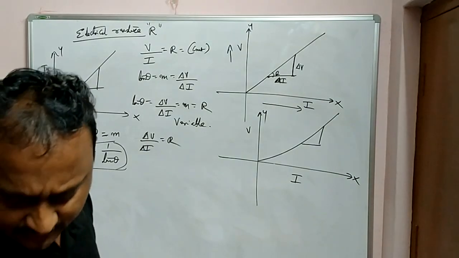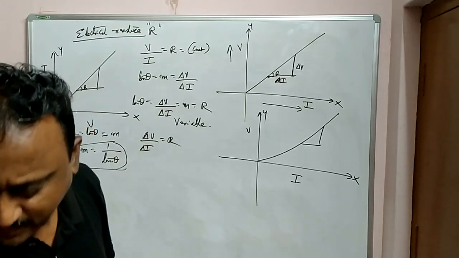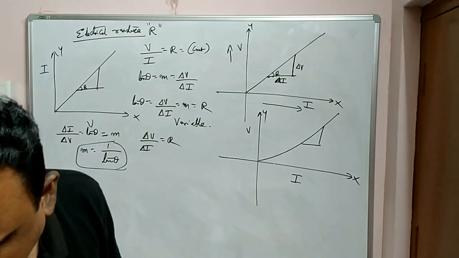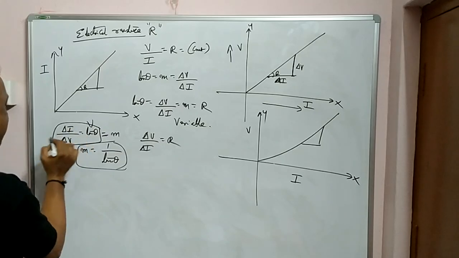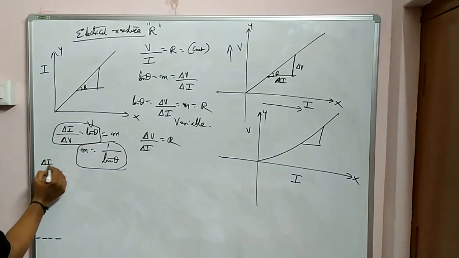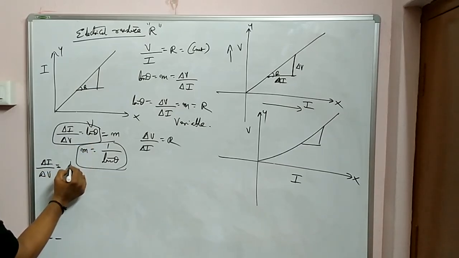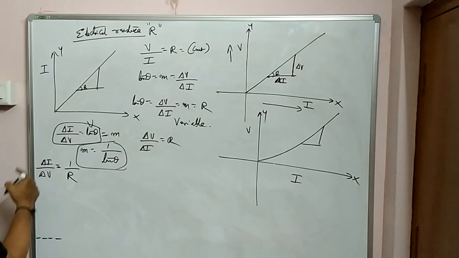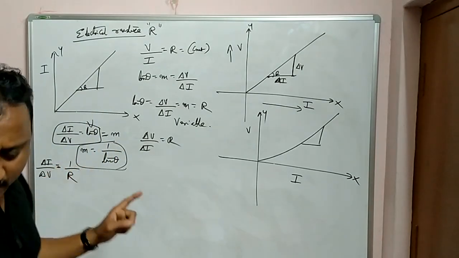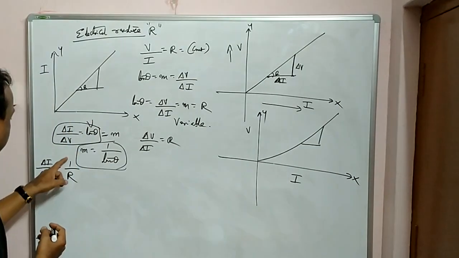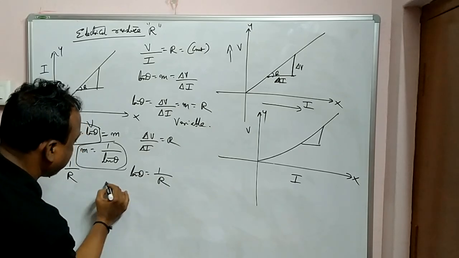So here R, whatever you are saying as R, is nothing but 1 by tan theta. Clear? Do you understand? Here what has the slope become? Delta I by delta V, this is tan theta, the slope m. So this is equal to 1 by R. And this is tan theta. So tan theta is equal to what here? 1 by R. Tan theta is equal to 1 by R. R is equal to 1 by tan theta. Okay?